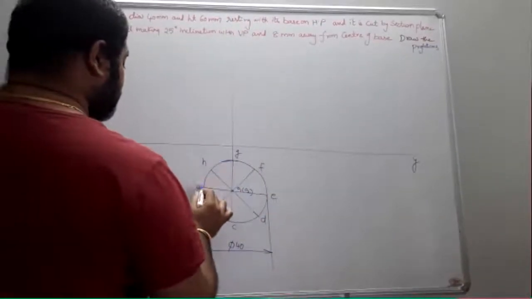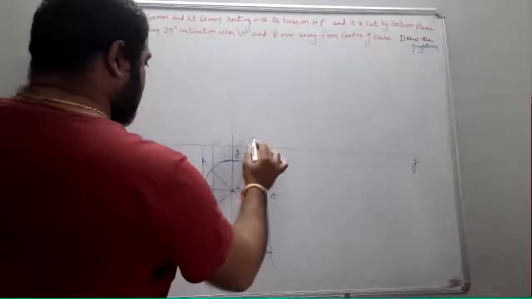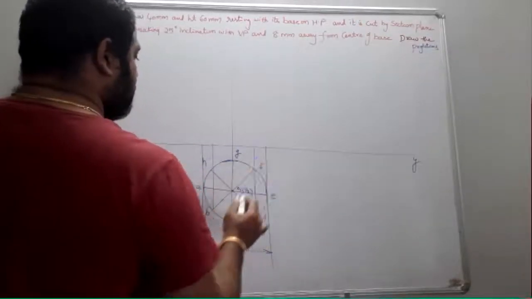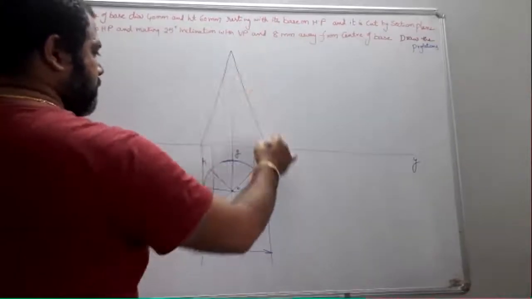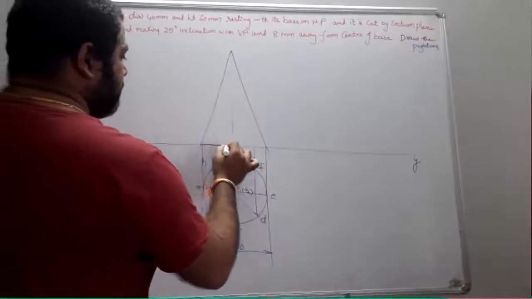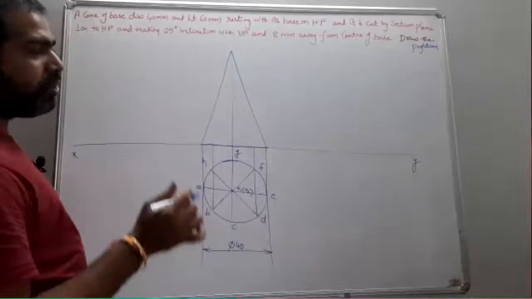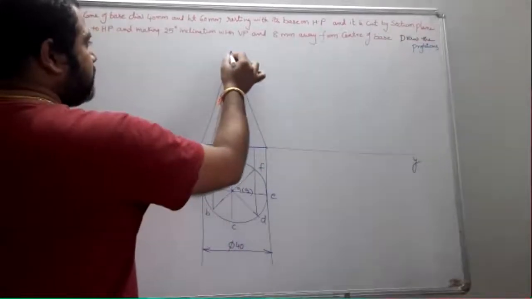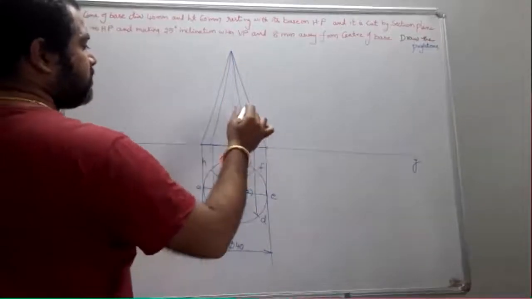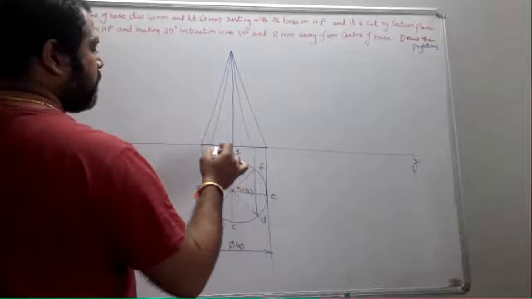Okay, for cone we just had to highlight only the end generators. But for the section of solid, I had to consider the remaining generators also for obtaining the points.